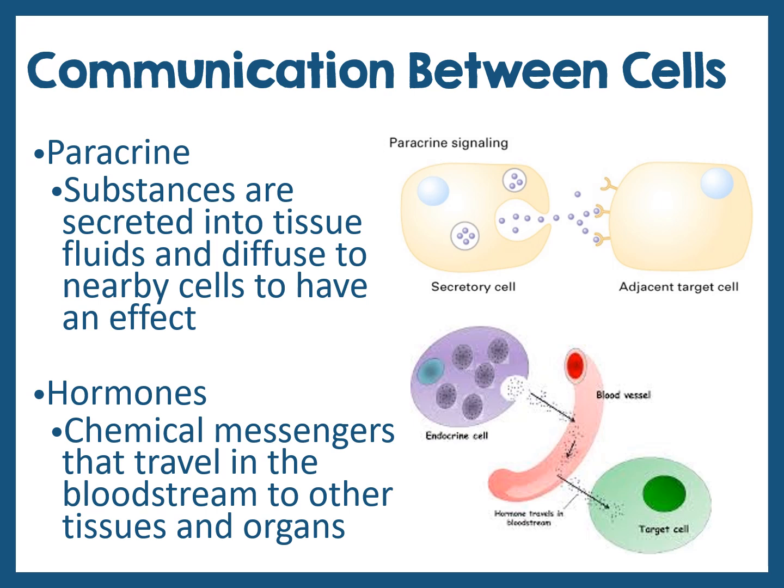It's very similar to hormone secretion. However, it's going to stay localized and it's only going to have an effect on these neighboring cells. Hormones will travel through the blood and have an effect on distant tissues and organs rather than just their neighboring cells.